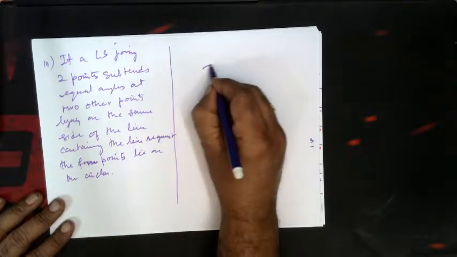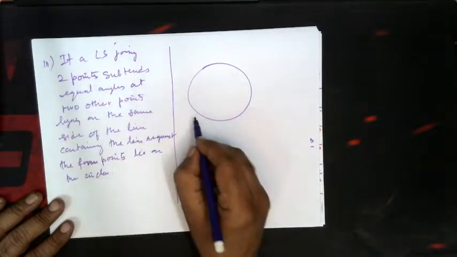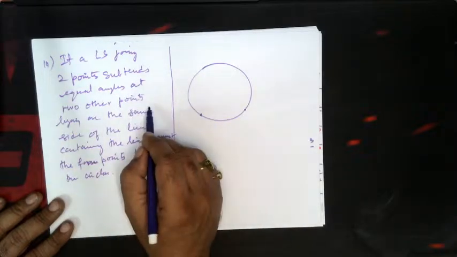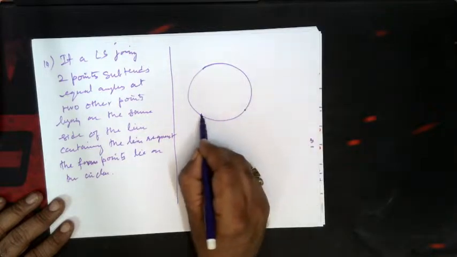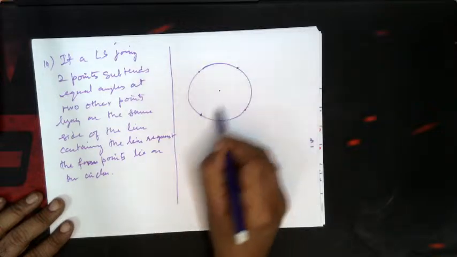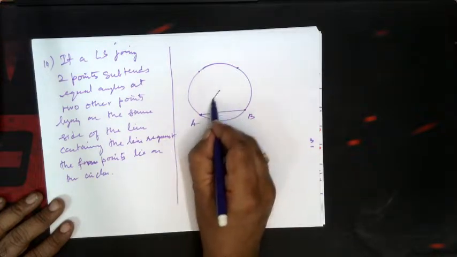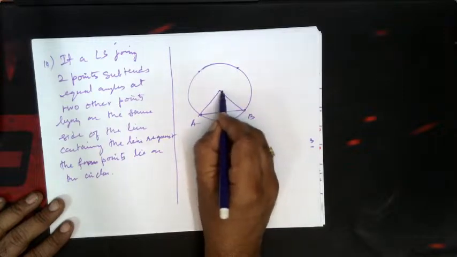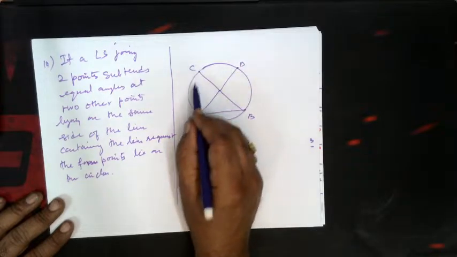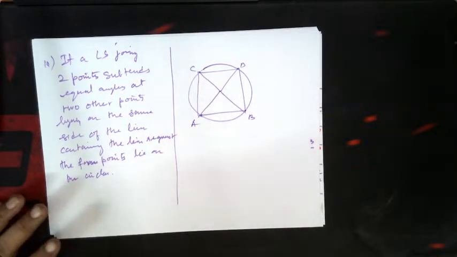So it means you have a line segment AB joining 2 points, and it subtends equal angles at 2 other points, C and D. So all 4 points lie on the same circle only.